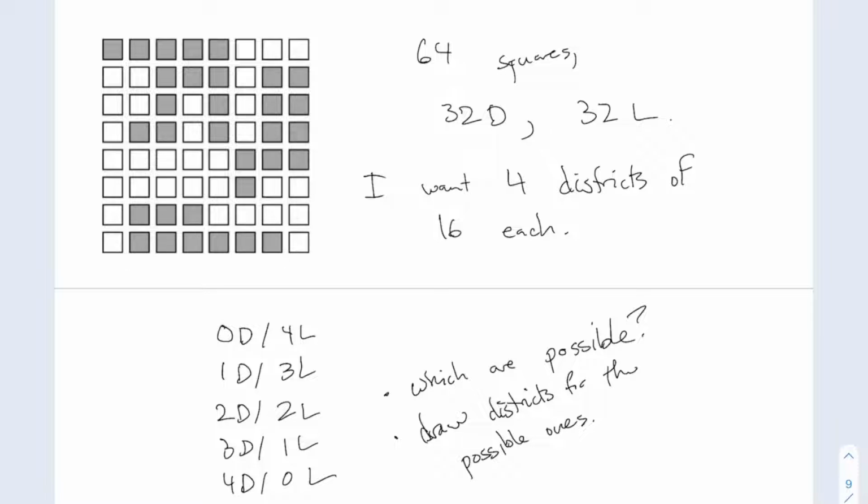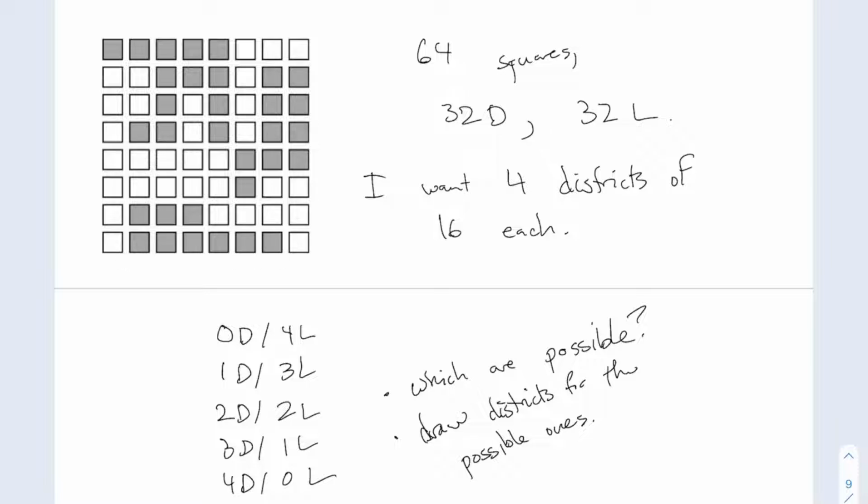So it has 16 in each district. Yep, I said I want 4 districts, 16 each. Which one's possible? Think about if each district has 16 in it, how many votes do you need to win? 9 per district. Yeah.